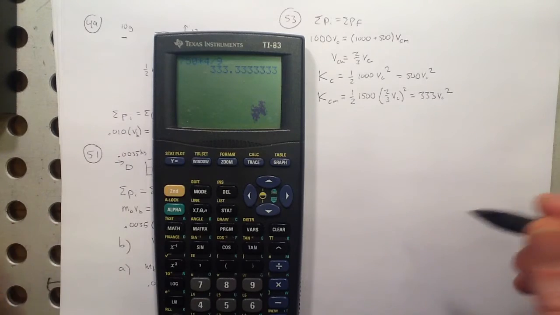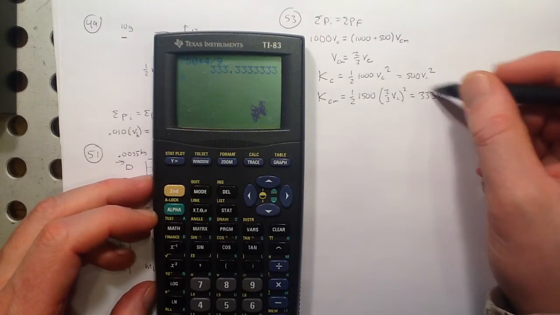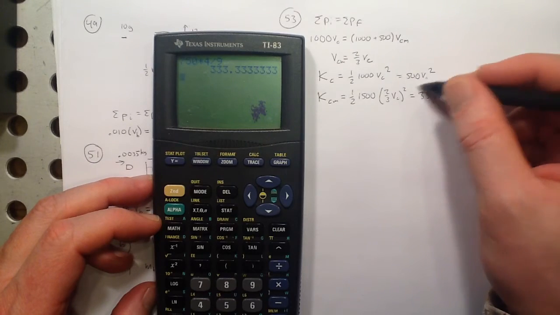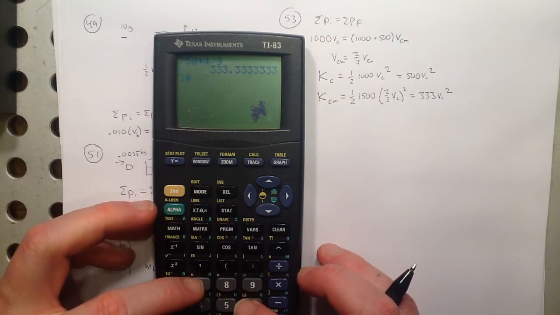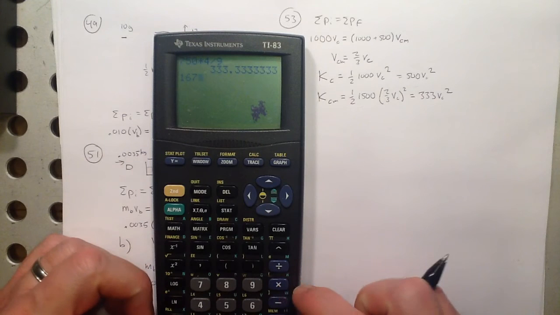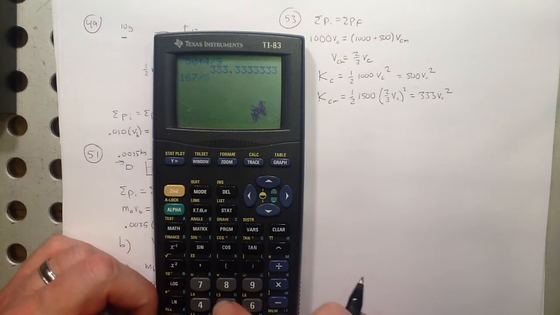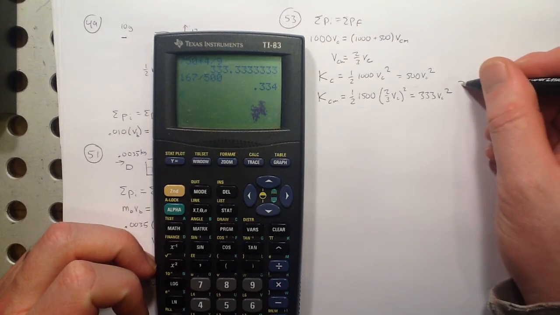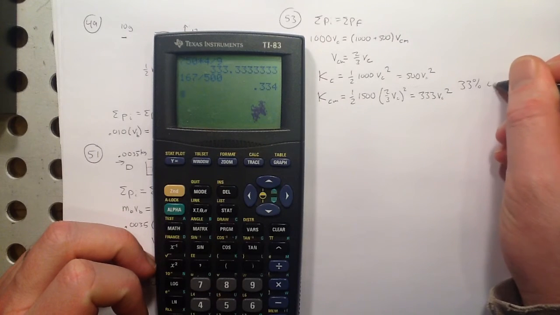So what percentage of the energy is lost? Well, I lost 167 of these compared to the total 500, so the percentage lost is 167 lost out of the original 500. So that's 33% loss.